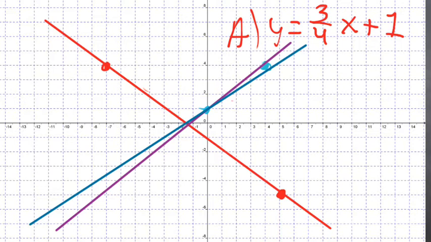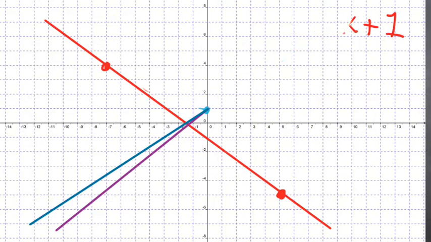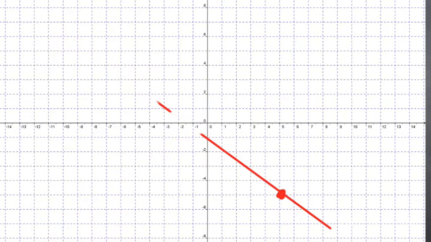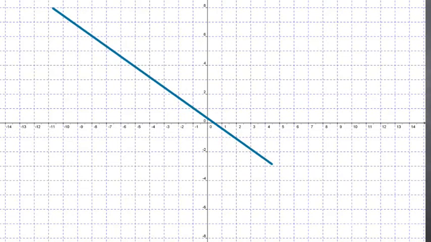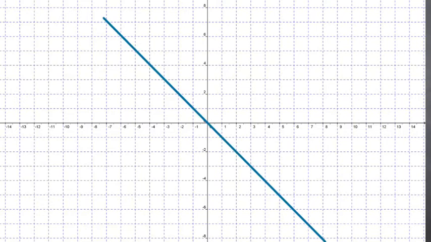Very quickly, let me make this a clean slate right now, and let me draw this. Okay, so here's a perfect line right here.